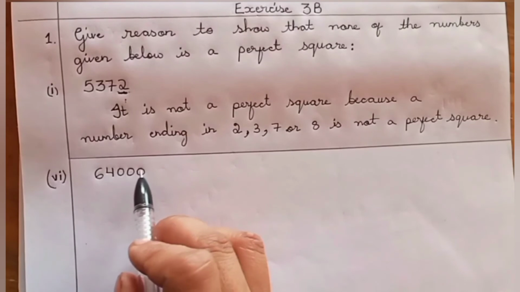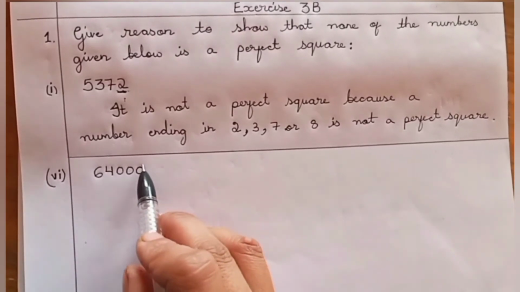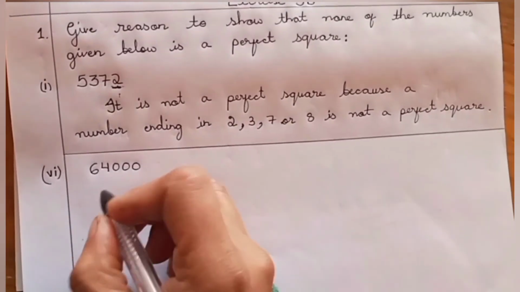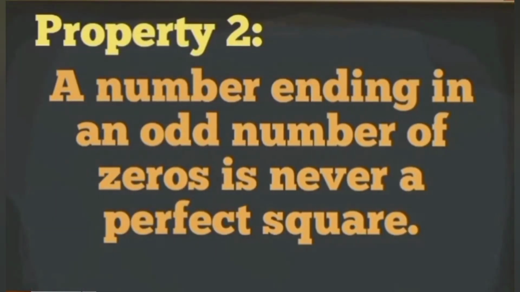Next, let us see question number 6. Now in question number 6, how many zeros do we have? 3 zeros. And 3 is an odd number. So this number also is not a perfect square. We have seen in property 2 that a number ending in an odd number of zeros is never a perfect square.